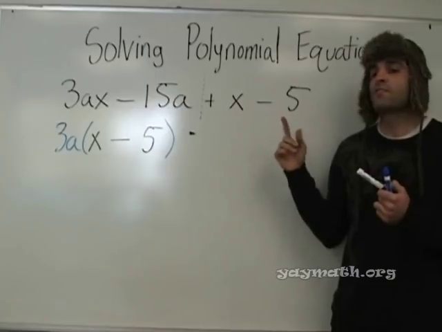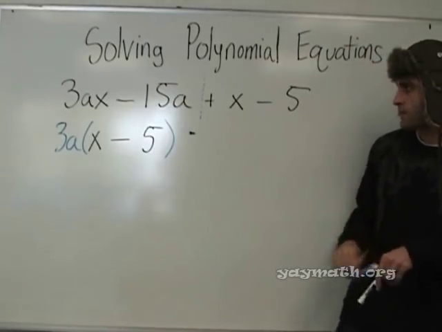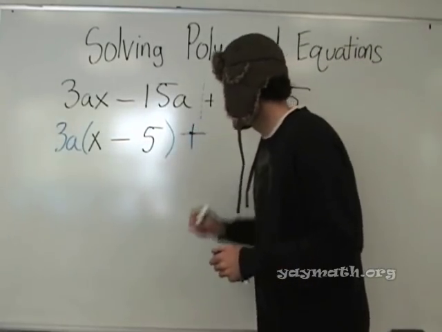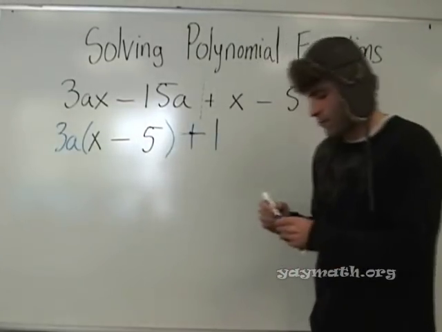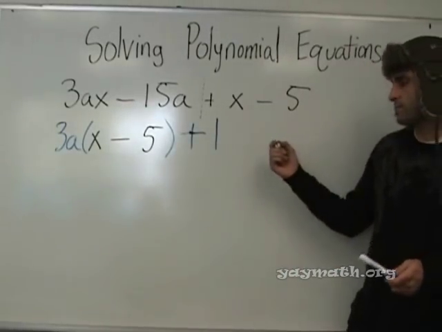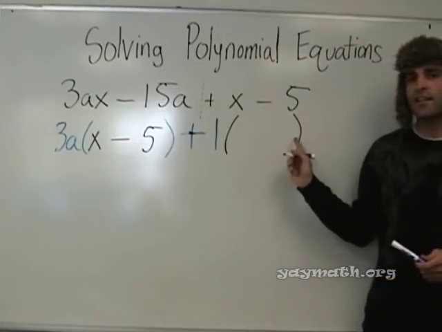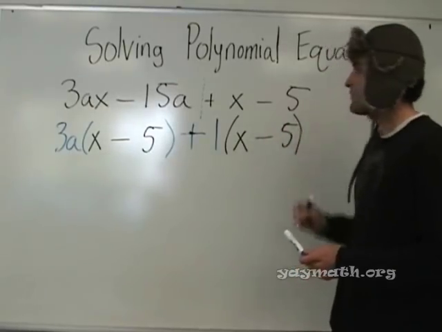No. But what we're going to do is call it 1 for the purposes of this problem. So plus 1. Factor out a 1. And will x minus 5 change inside here? No, it will not. X minus 5.